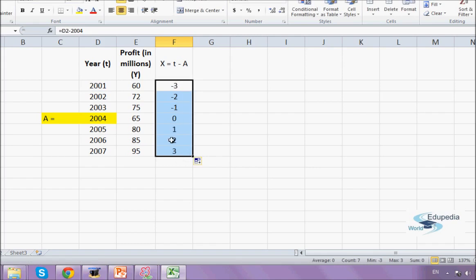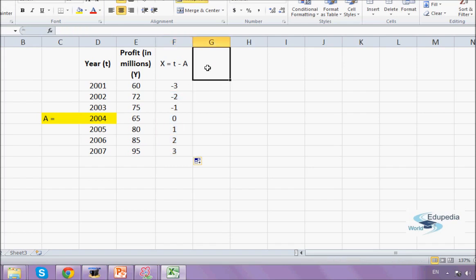And here now we have the values of x. If you look at this, we have 3 plus 2 is 5, plus 1 is 6, and again you have three negative numbers, 3, 2 and 1, so 6 minus 6 is obviously going to be 0. Next, I need to find the value of x multiplied by y.